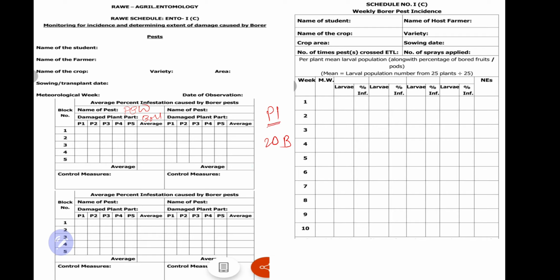If there are 20 bolls, among the 20, if 5 are damaged, the percent infestation will be 20%. Sorry, it is 25%. 25% infestation is there.